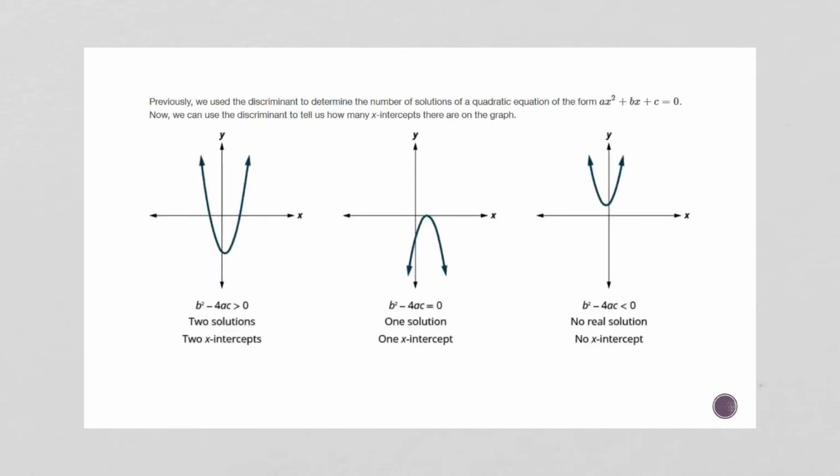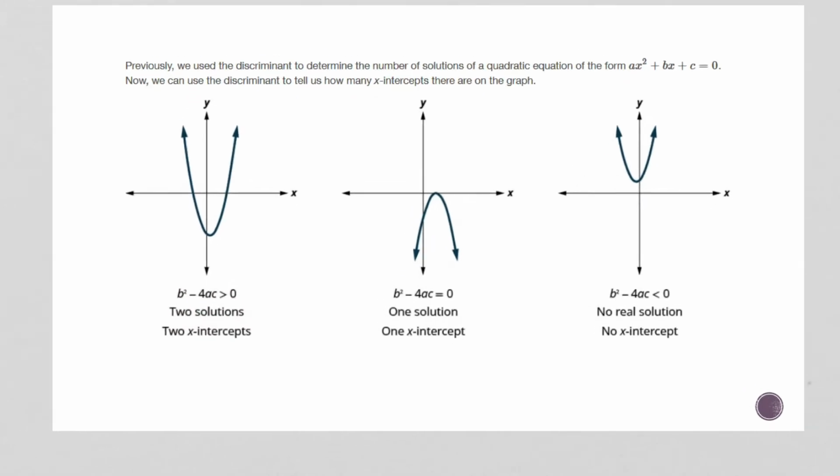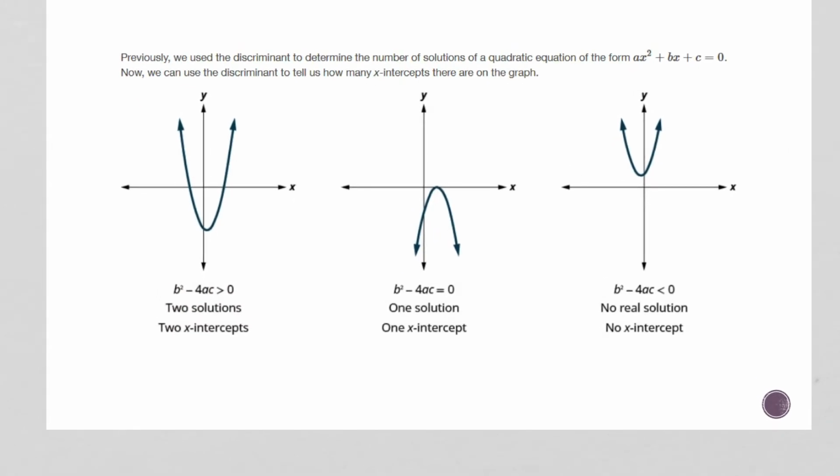All right, so this page shows you, remember this thing right here? Do you remember what it's called? The discriminant. Whenever our discriminant was greater than 0, we got 2 solutions. Notice it crosses the x-axis in 2 places.